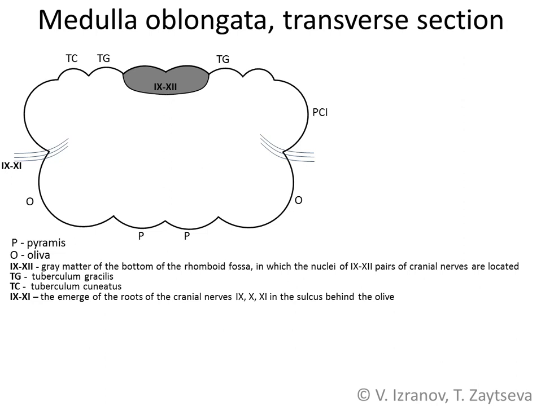Then, behind this sulcus posterolateralis, we can find the next elongation, which is designated as PCI. PCI, what is it? PCI, it's pedunculus cerebellaris inferior.